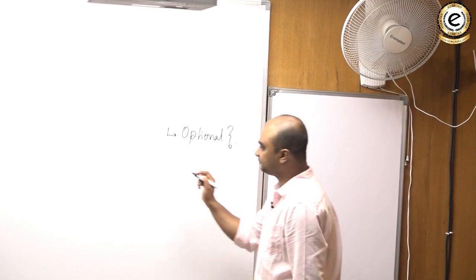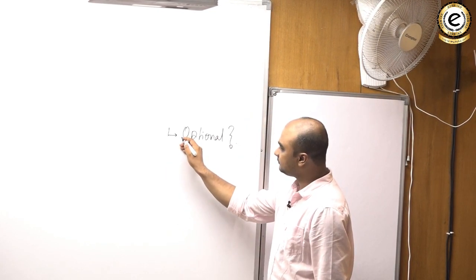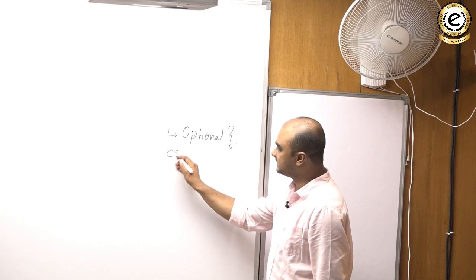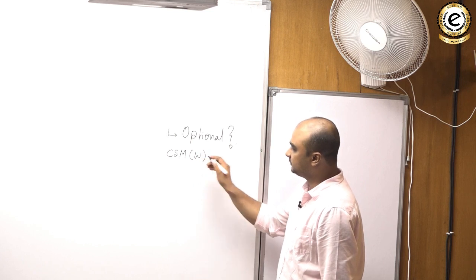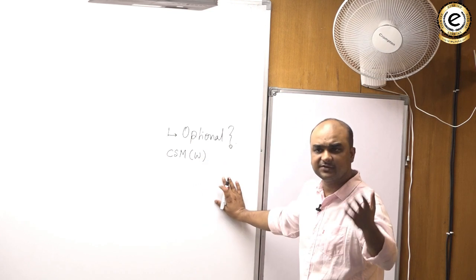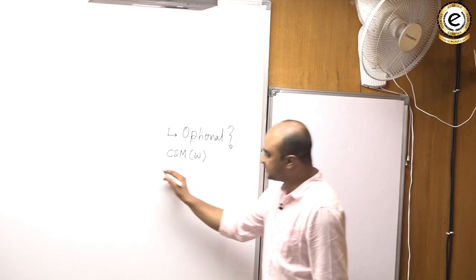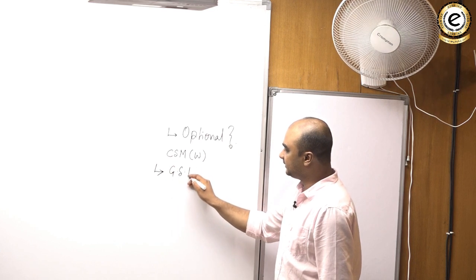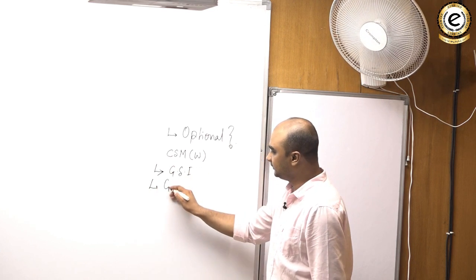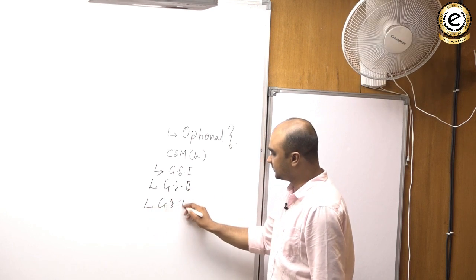Now look here, when it comes to the civil services main examination, it's a written part. The main examination has two parts, the written part and the personality test. So I'm talking about the written part. You would see that there are subjects like GS1, GS2, GS3.